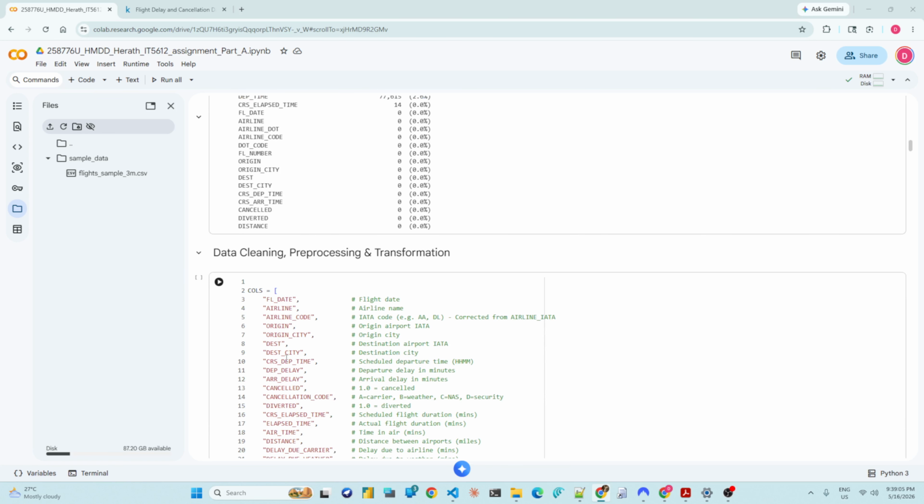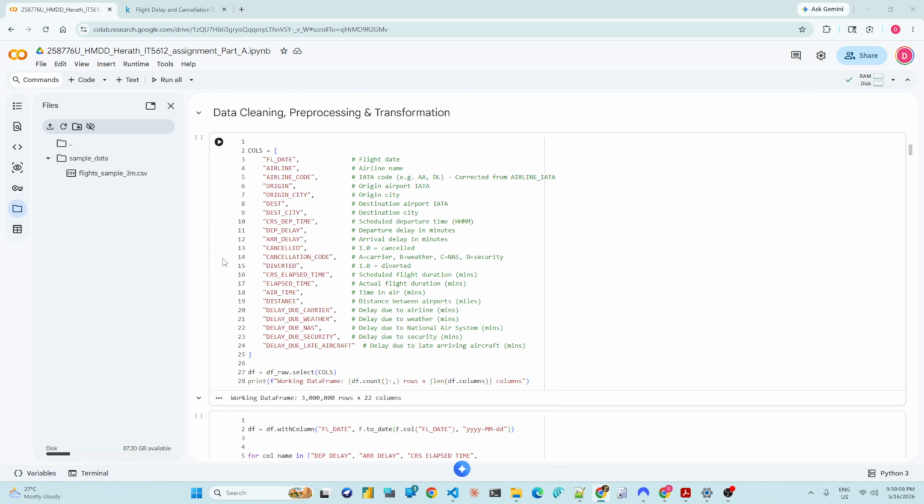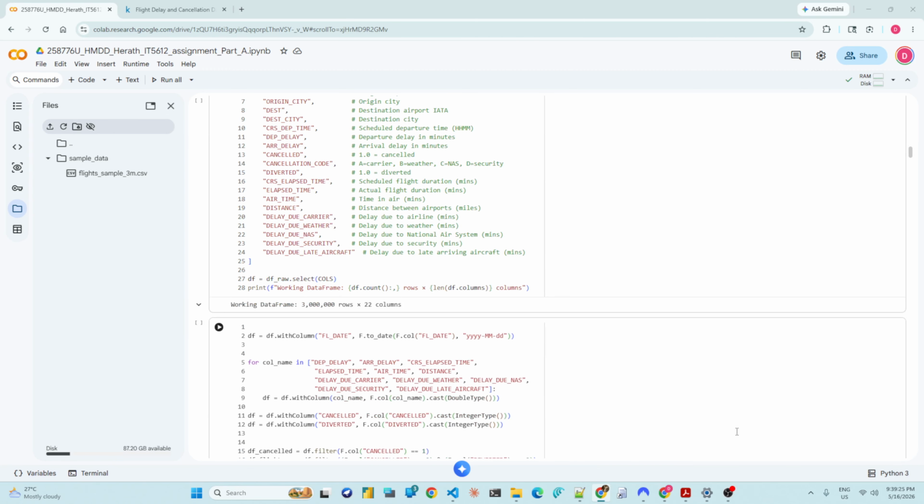Next, we'll go to data cleaning and pre-processing. This is the main cleaning cell. What I did: I cast the flight date to a proper date type. Then I cast all numeric delay and distance columns to double to ensure consistent arithmetic values.